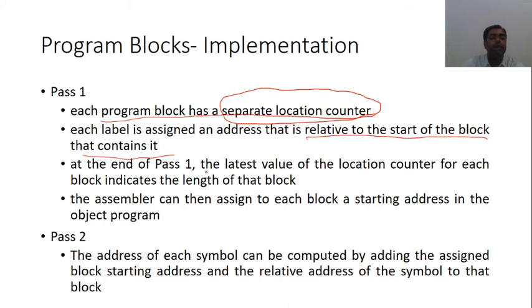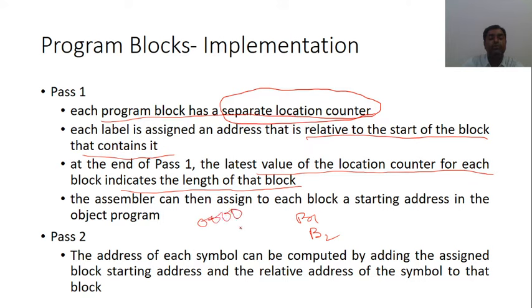At the end of pass 1, the latest value of the location counter for each block indicates the length of that block. The assembler can then assign to each block a starting address in the object program. Suppose that there are block 1 and block 2, and our program starts from 0000 address.